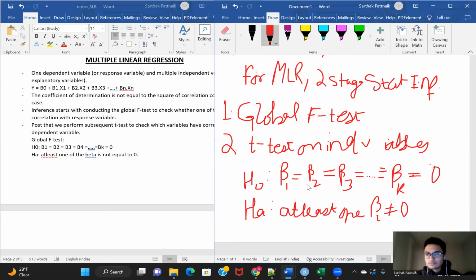So out of all the variables that we have or all the coefficients that we have, we want to find out whether at least one of the coefficients is not equal to 0. That is done using global F test.